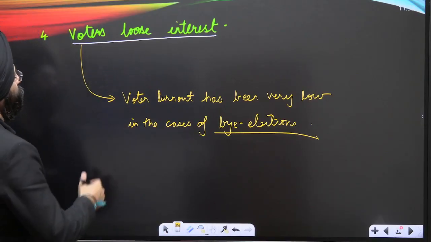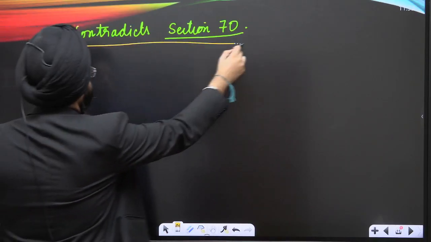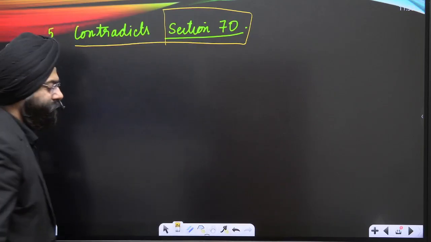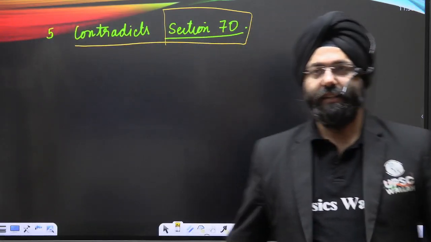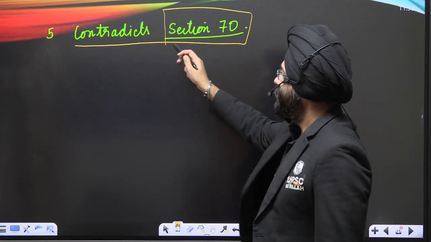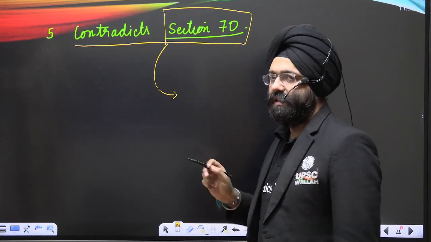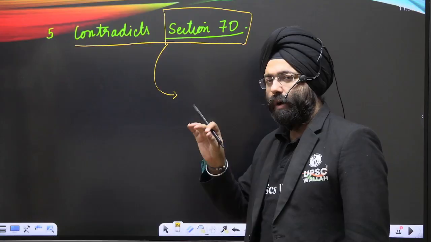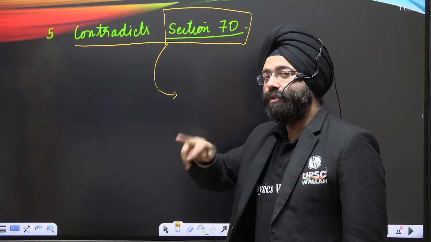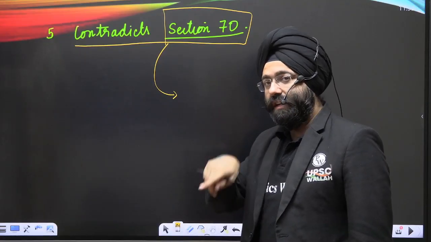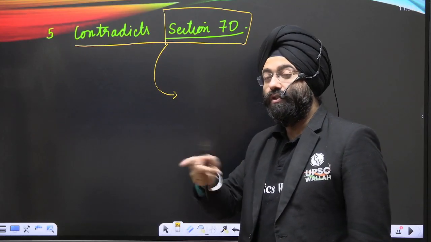Let us see one more problem. It contradicts section 70. Now this is quite interesting. Please understand, section 70 is the one which says that if you have won in one constituency and another constituency, you cannot represent both the constituencies. You will have to vacate a seat and choose whichever constituency you want to represent.